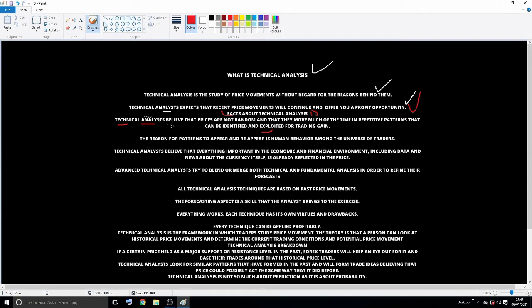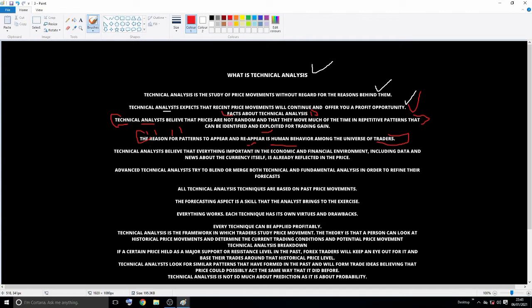So why are we talking about patterns? What causes these patterns? The reason for patterns to appear and reappear is human behavior among the universe of traders. Technical analysts believe that the price doesn't just move randomly. There are repetitive patterns that can assist us, not particularly tell us that the price will drop or go up, but they can assist us.